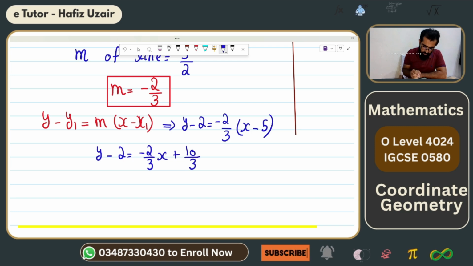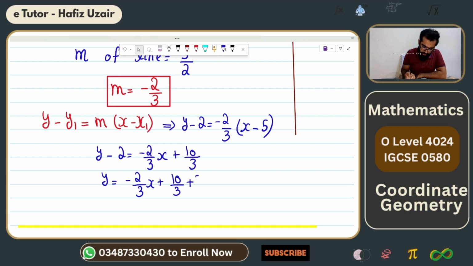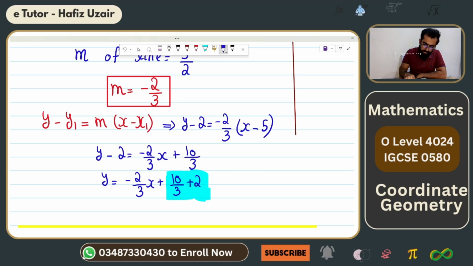Now shift 2 to the other side. So y will be equal to minus 2 by 3 x plus 10 over 3 plus 2. Now you have these two constant terms and you need to simplify this. What is in the denominator of this 2? We have 1 in the denominator of this number, so we will multiply it by 3 to make the denominator the same.